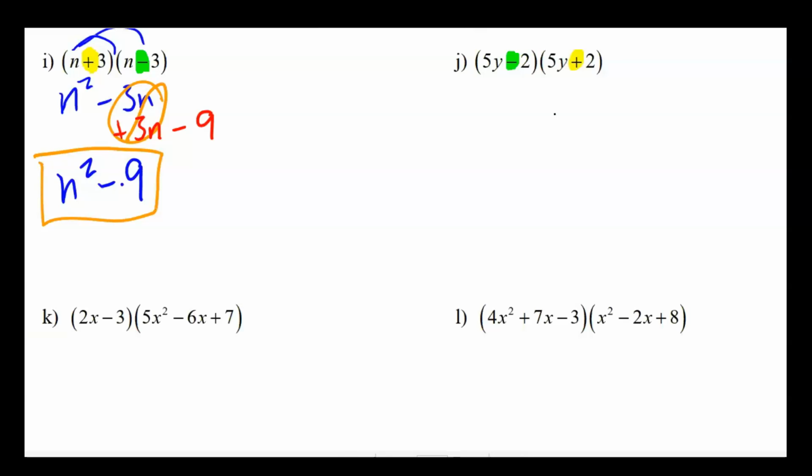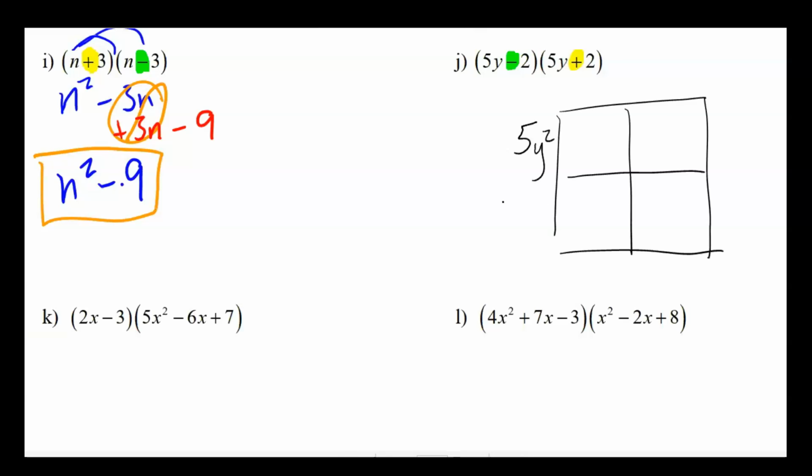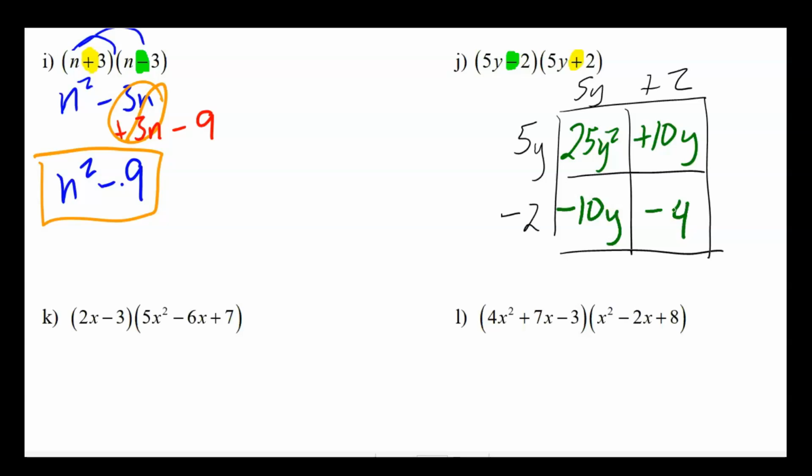On the other one, if I do the box, what I'm doing 5y minus 2, 5y plus 2, so down the side across the top, 25y squared, positive 10y, negative 10y, and negative 4.